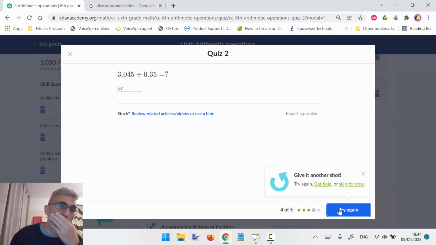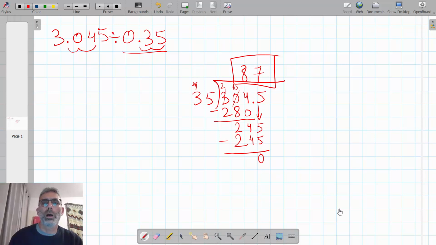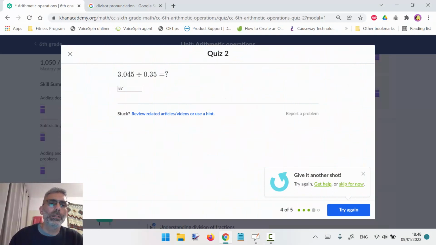Whoop. Because I forgot this decimal point. It's 8.7. This is why it's important to check if it's reasonable.